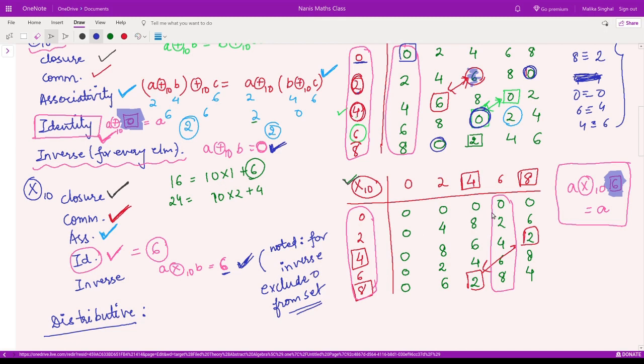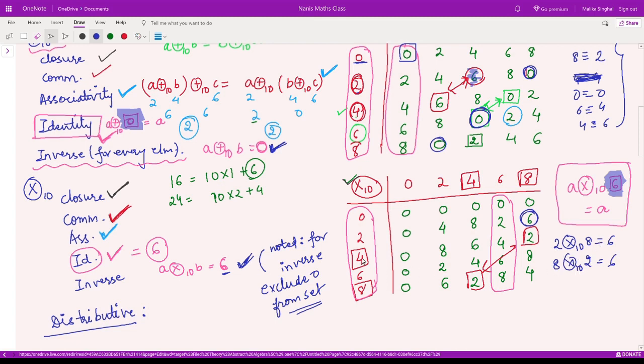So here in this case, for 2, what is the inverse? For 2 we have the inverse as 8 because 6 is obtained over here. So if I do 2 multiplication modulo 10, 8, it would be 6, right? And again for 8 I have this as 2. So if I do this, I have 6, right? So 2 is the inverse of 8, 8 is the inverse of 2.